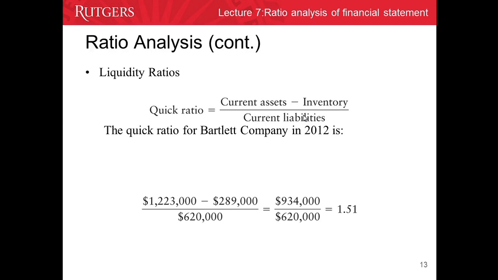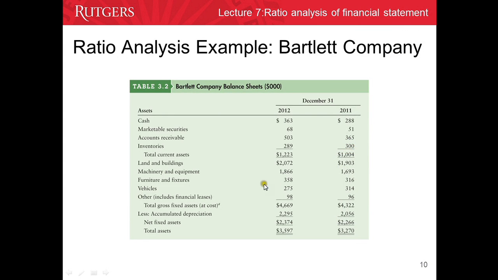The second ratio in the liquidity ratios group is called the quick ratio. It equals the current assets minus inventory, divided by the current liabilities. Going back to the Bartlett company's balance sheet, you can see that the inventory here is $289,000.